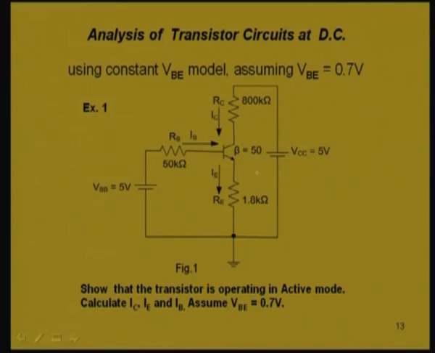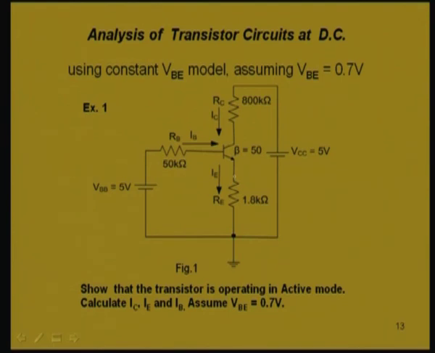Now, you are asked to show that the transistor is operating in active mode. We can find these currents IC, IB, IE provided the transistor is in active mode. That has to be ascertained first, whether the transistor is in active mode operation or not.